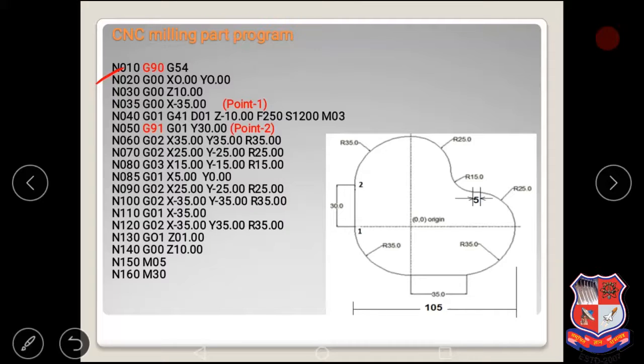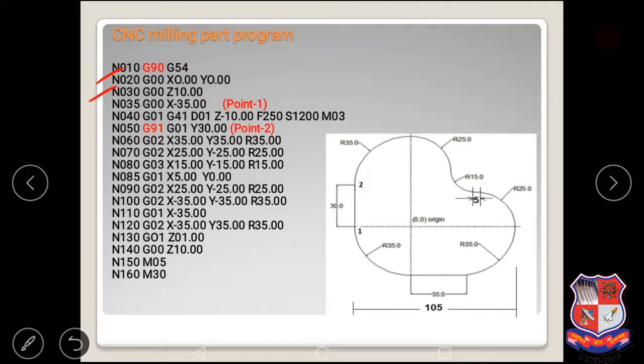Here we start with the absolute mode G90, and then in the next block, with rapid movement, we use the G00 command, and the tool will move in X direction up to 0 and Y to 0.